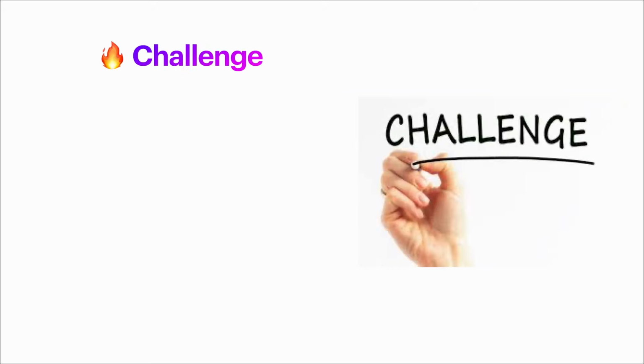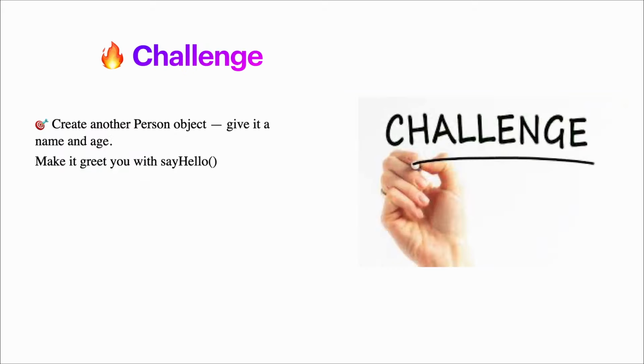So now I have a challenge for you. You are to create another person object, give it a name and age, make it greet you with say hello. So it could greet you saying, hi, my name and my age is, I just wanted to say hello. You can write something like that.